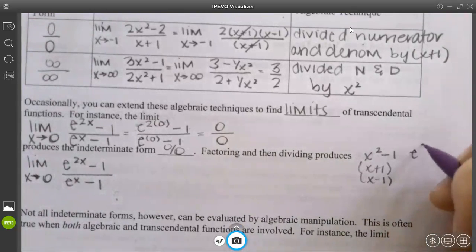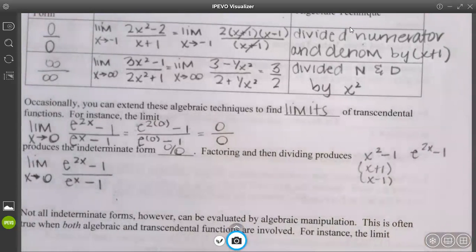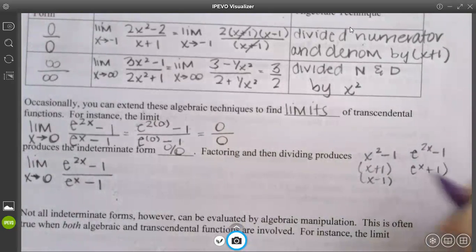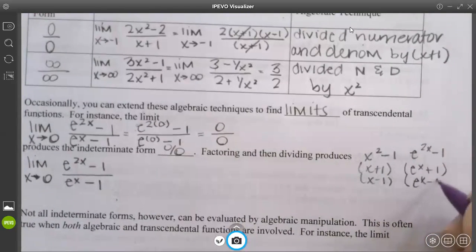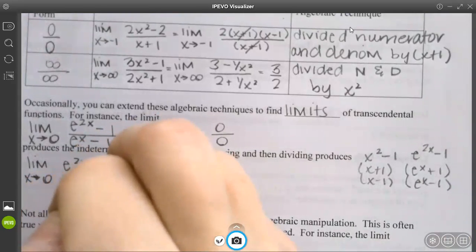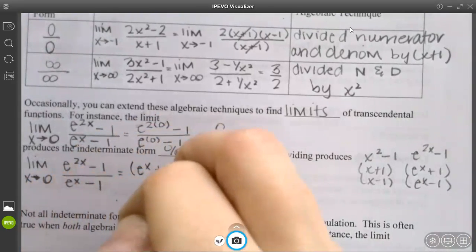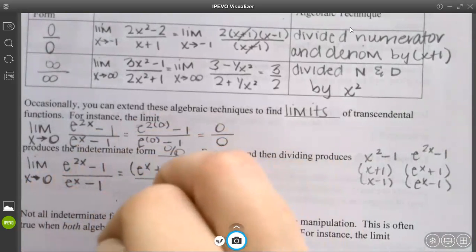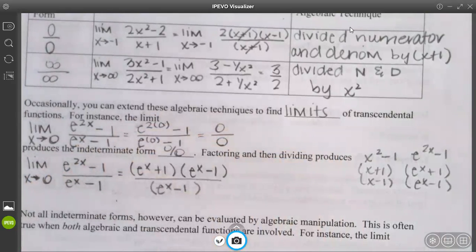So if you have e to the 2x minus 1, what would that be? It's basically the same. E to the x plus 1 and e to the x minus 1. Did everybody see that? So on the top, I'm going to change this. E to the x plus 1, e to the x minus 1. On the bottom, I have e to the x minus 1.